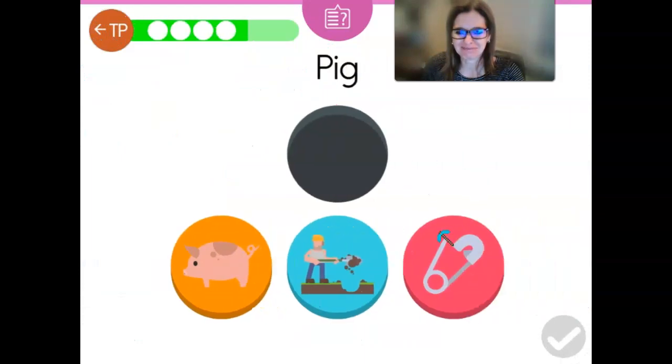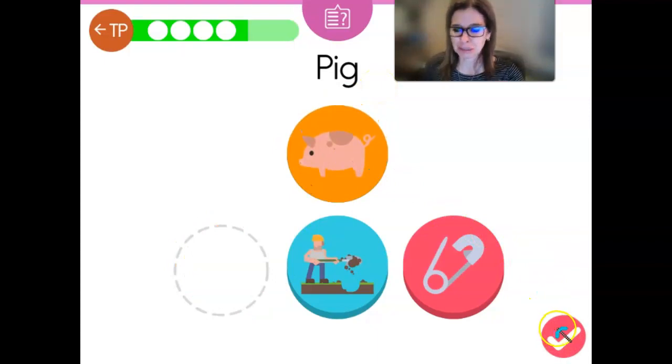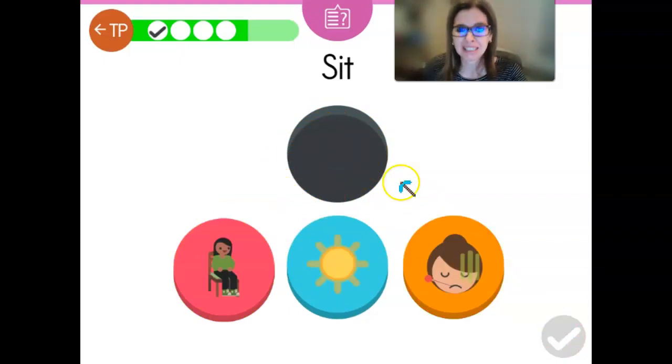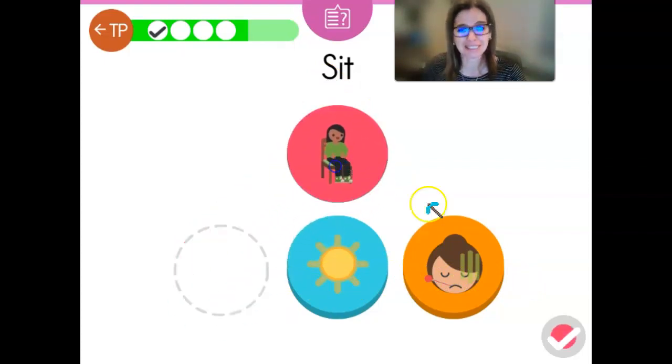All right. Now I see a word up here and then some pictures that I need to match. So this word is pig. Thank you for reading it with me. Pig. So I'm just going to drag the peg, those little things are pegs, with the pig in it. Now I see sit. And which one is most like sit? This little person sitting.